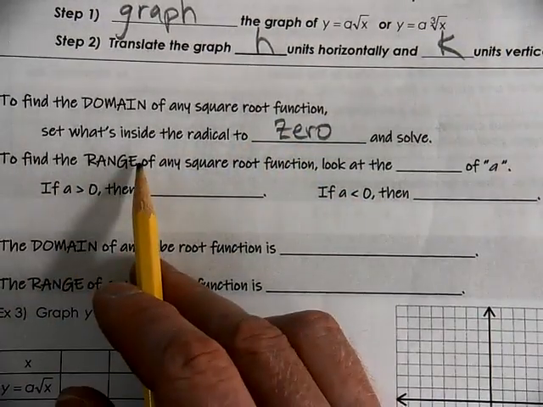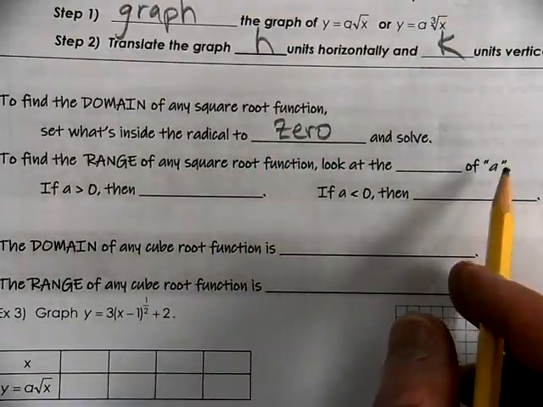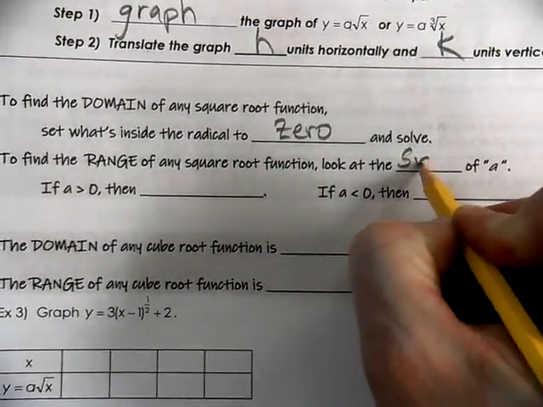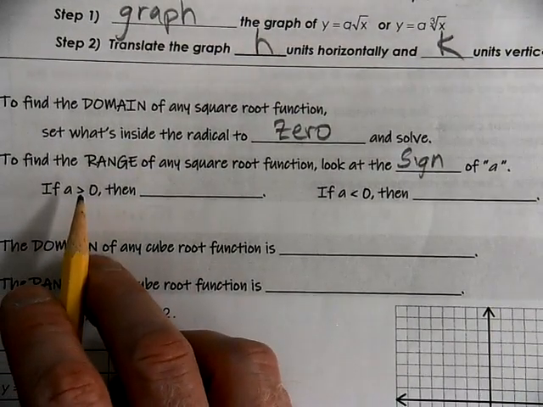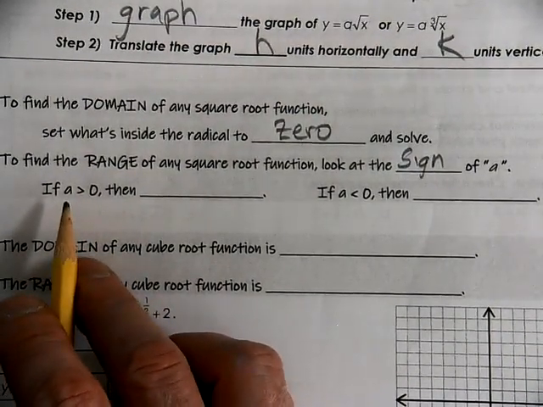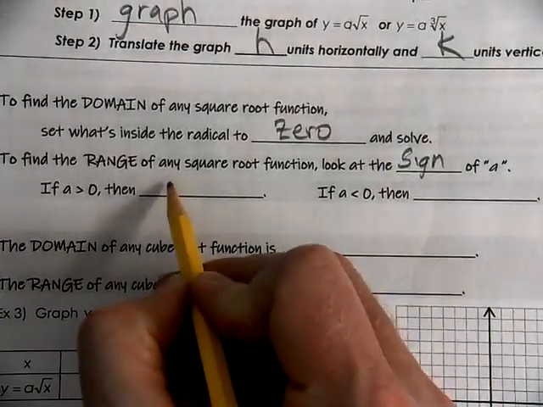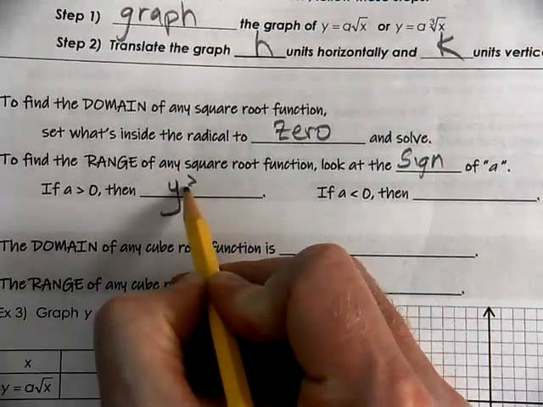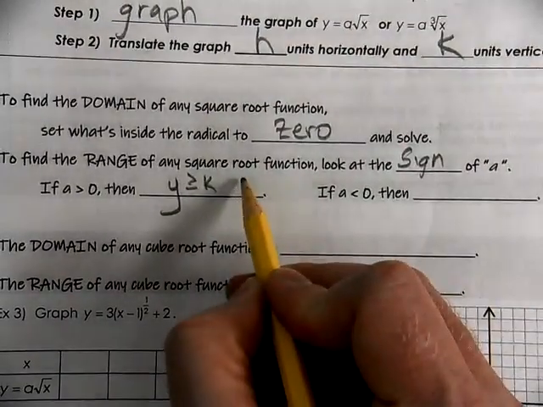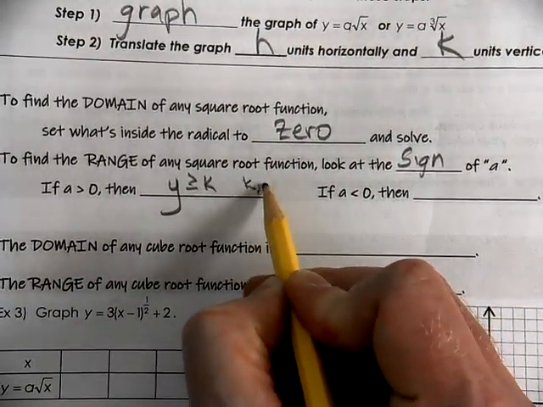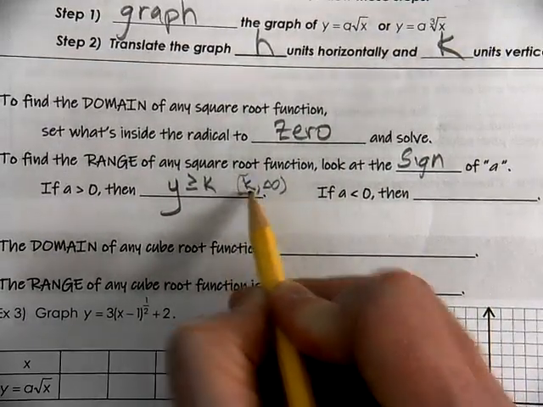And to determine the range, it has to do with the sign of the a value. So if the a value is positive, if it's greater than 0, then you're going to have y values that are greater than k. That's going to be k, comma, infinity.